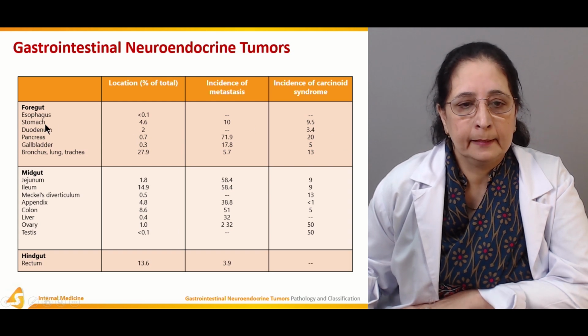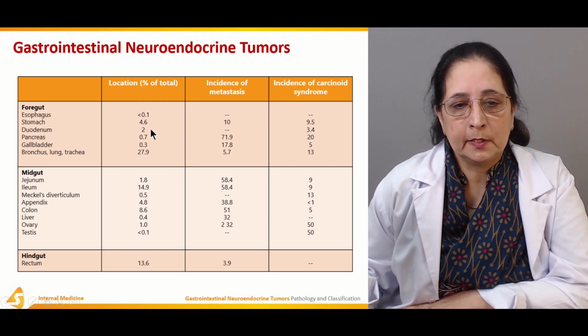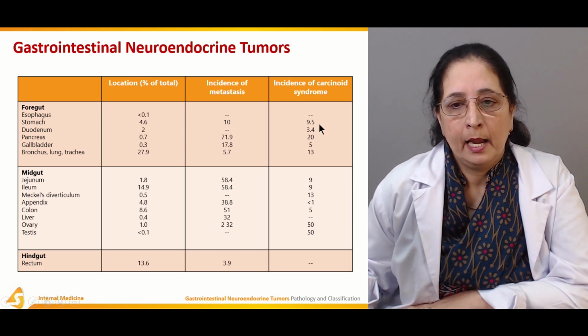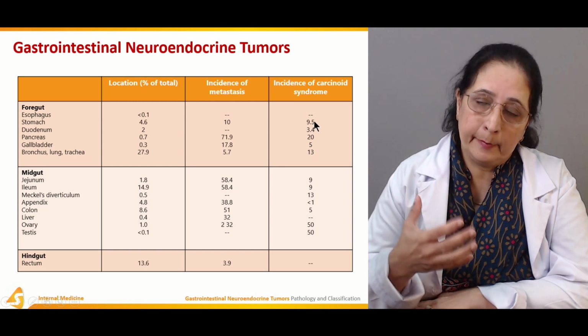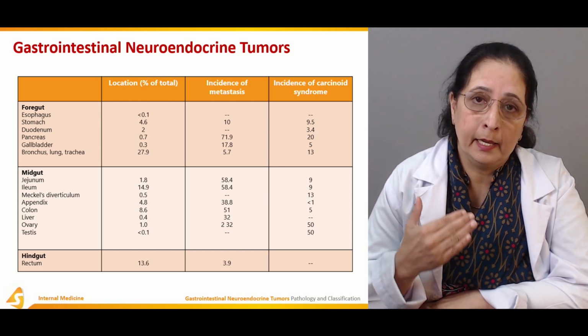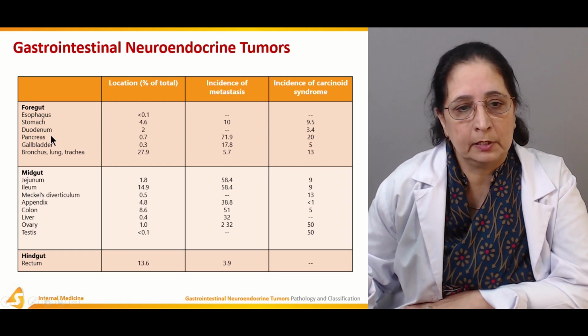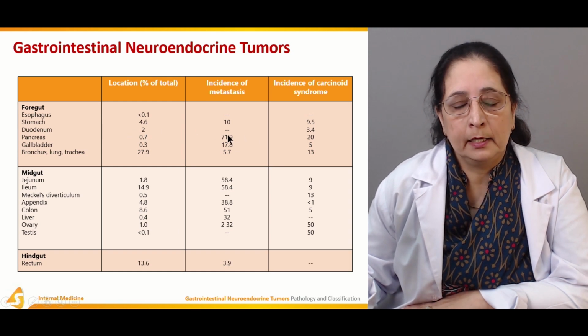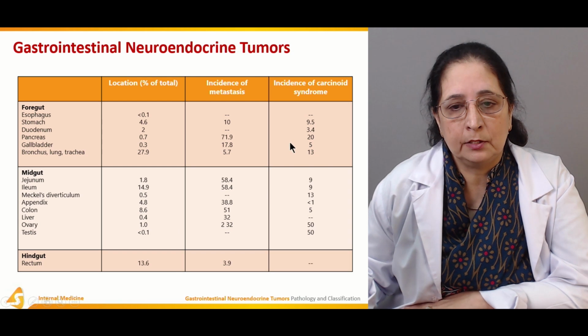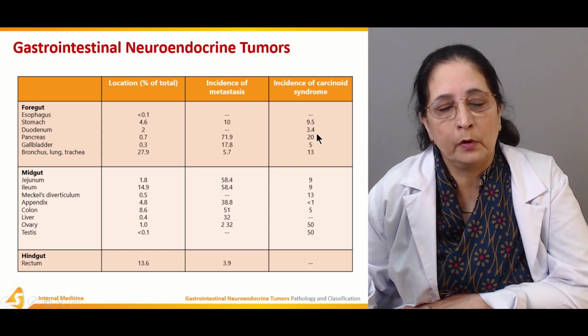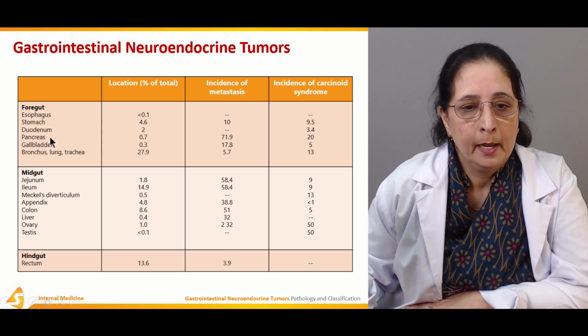Then stomach, 4.6%. Incidence of metastasis is 10 and carcinoid syndrome is 9.5. So stomach has a very high risk of metastasis and carcinoid syndrome. Duodenum, 2, and then incidence of metastasis is not present, and 3.4 of carcinoid syndrome.